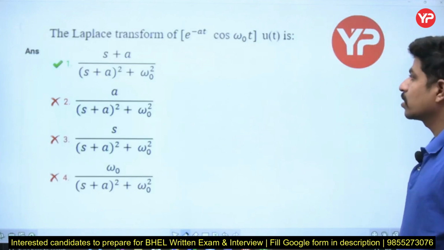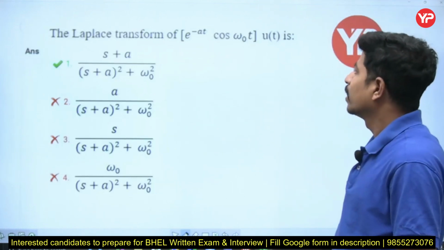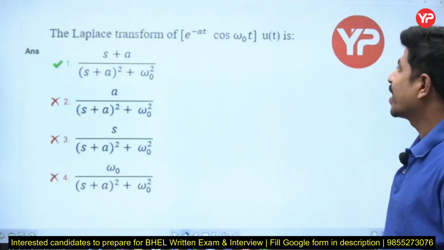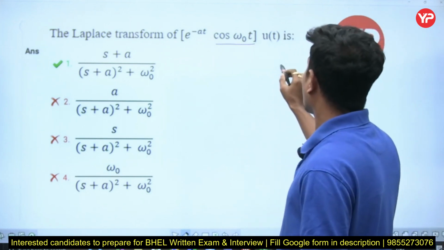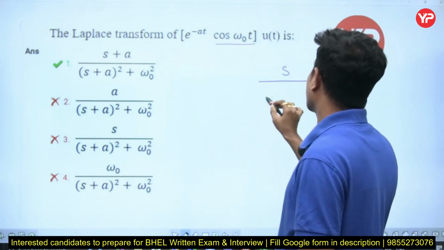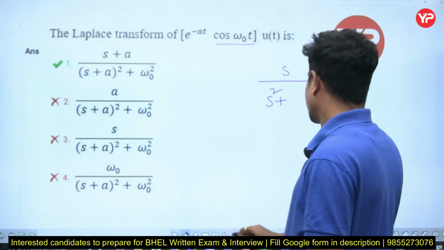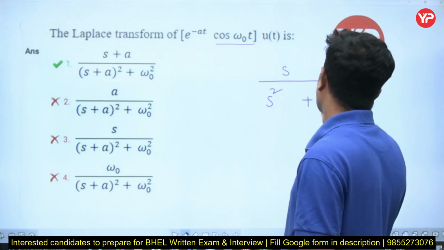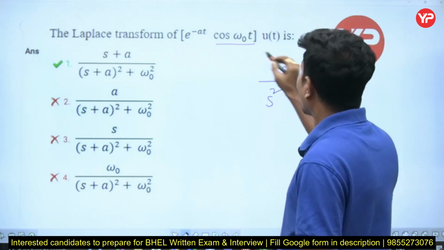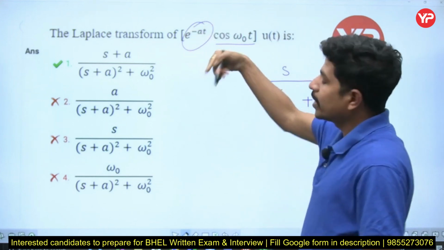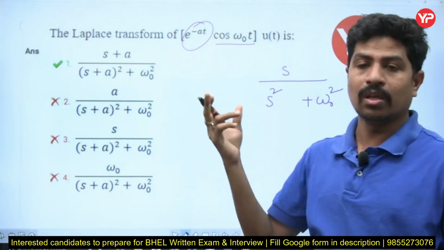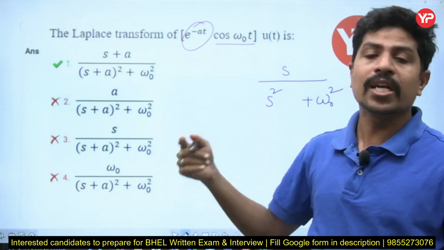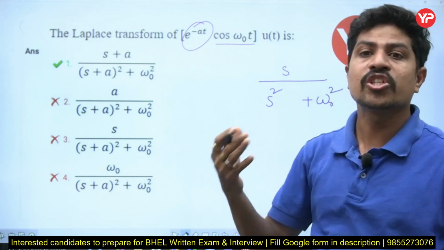Okay, next question please. The Laplace transform of e power minus at into cos omega t into u of t is, first of all, you have cos. Cos means s by s square plus omega square. But as an exponential is there in the time domain, if an exponential function is associated with the entire function, then in the frequency domain we get frequency shifting.